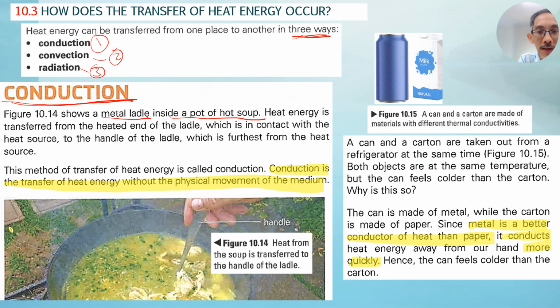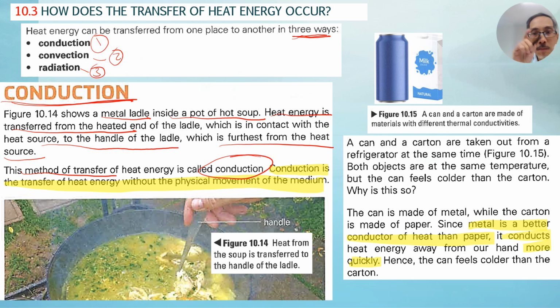The heat will transfer from the heated end of the ladle, which is in the hot soup, up to the rest of the handle, which is furthest from the source. If you touch the handle at the other end, you feel that it's hot after a while. This way of transfer is called conduction.